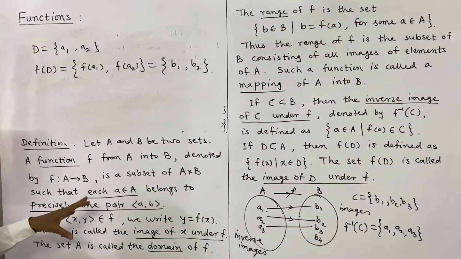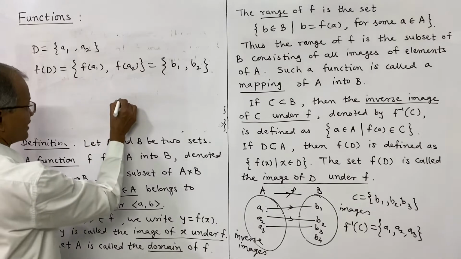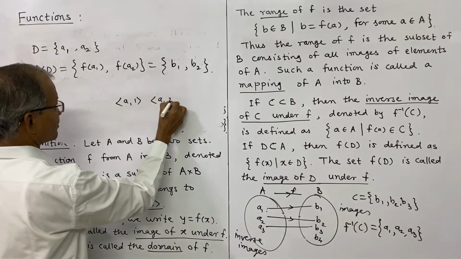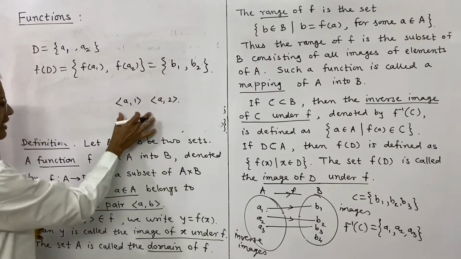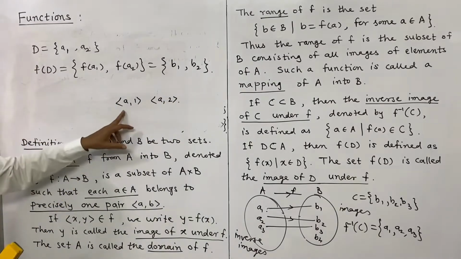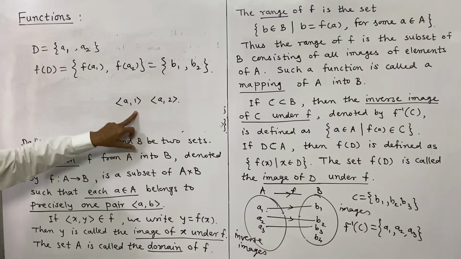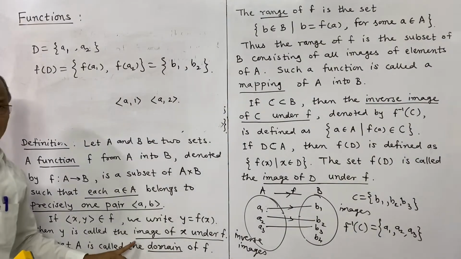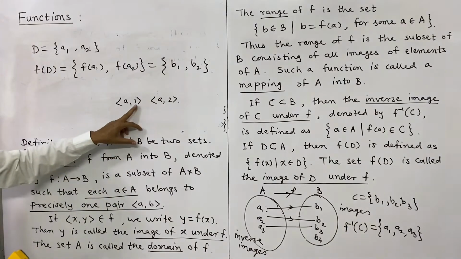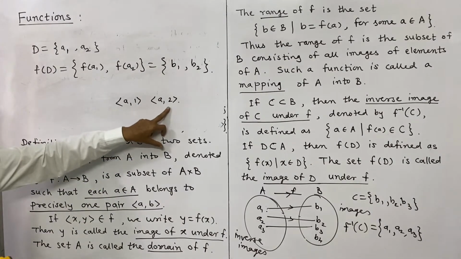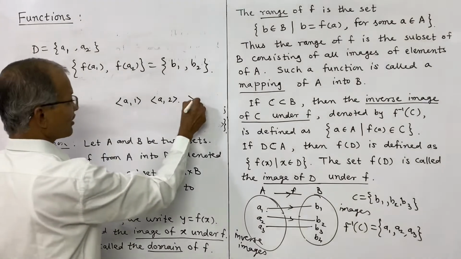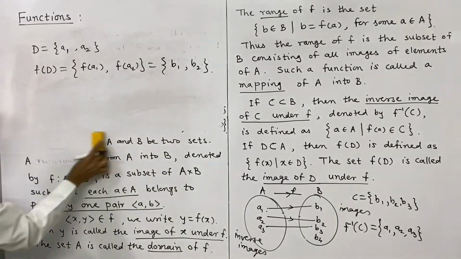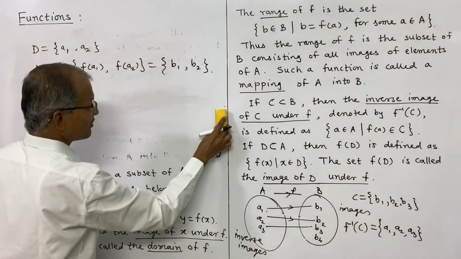So if we have a relation like (a, 1) and (a, 2), these are ordered pairs, but this will not give a function, because here a is related to 1 and a is also related to 2. Such a thing will not happen in a function. That is to be noted. And now we will consider an example of this.